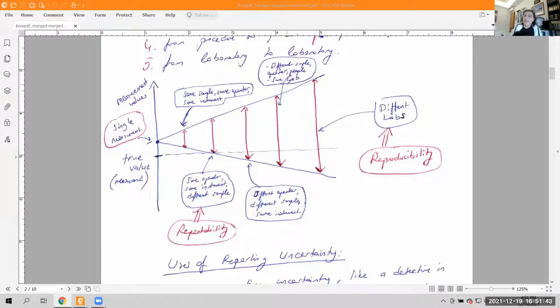If, for instance, we are in the same lab, but we have a number of different laboratory balances to weigh objects, with different personnel, different samples, and different measuring devices, there's going to be an even higher variation. And maybe the highest variation is going to be when you conduct these experiments in totally different labs at totally different times. And this is called reproducibility. And it's going to be probably the highest variance.